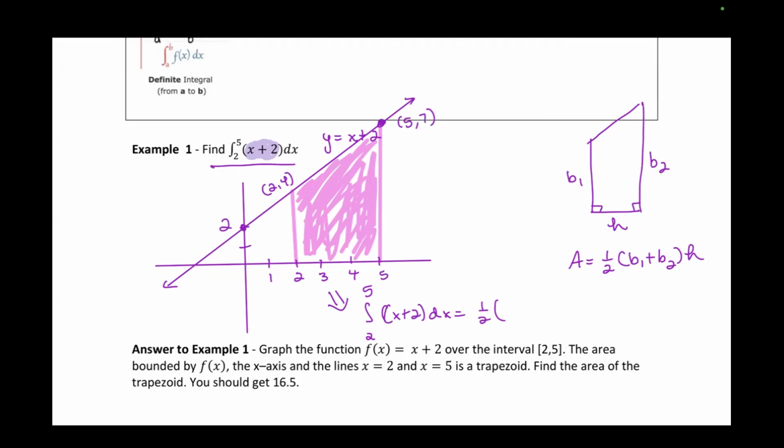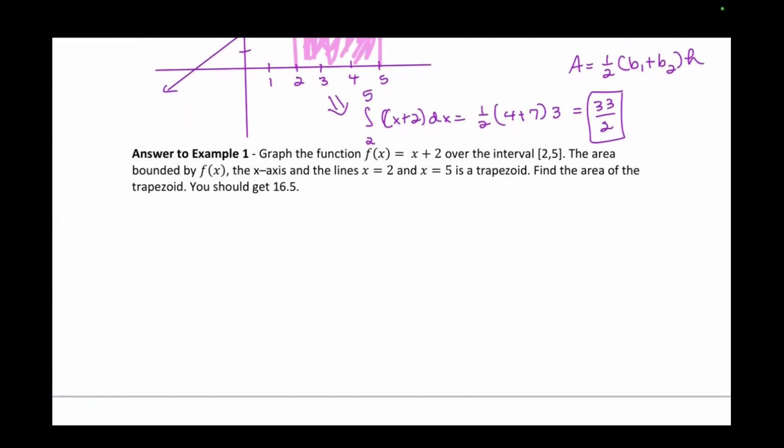All right, so this base is 4, this base is 7. So 4 plus 7, and then the height is the difference between 2 and 5. So the height is 3. So what does that give me? 33 halves. That's what that definite integral is. So for a definite integral, the answer is just a number, whereas for an indefinite integral, the answer is a function. And eventually we will relate indefinite and definite integrals, just not today.